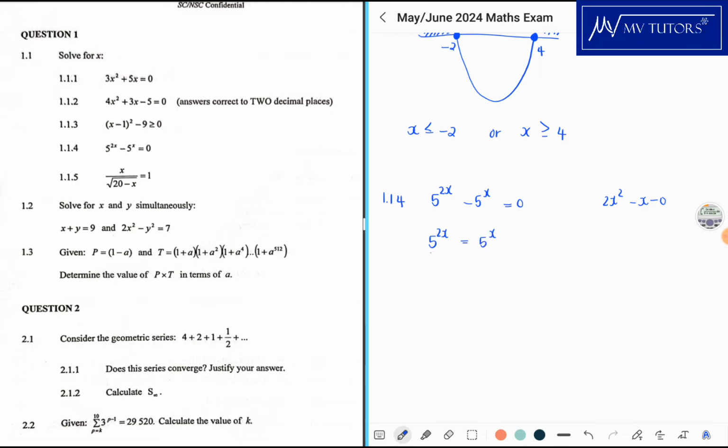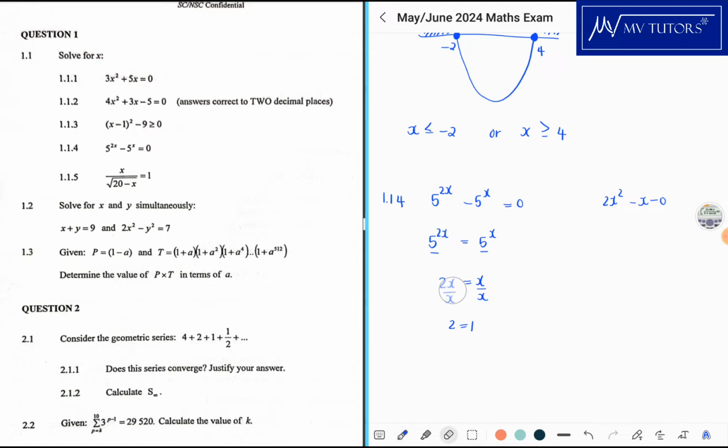All right, you have the same base, you make the powers equal to each other, and you start realizing, okay, cool, 2x, if I divide by x both sides, I will have 2 is equal to 1. Okay, that cannot be.